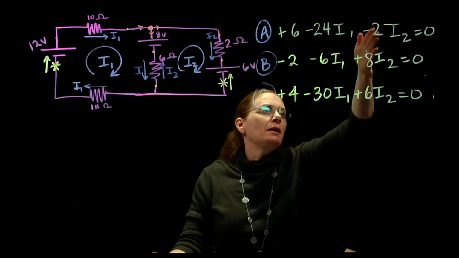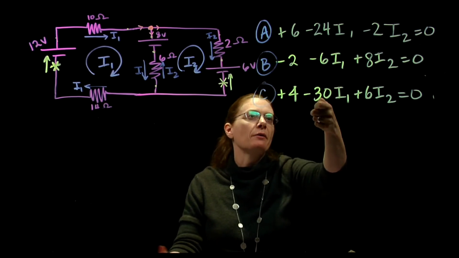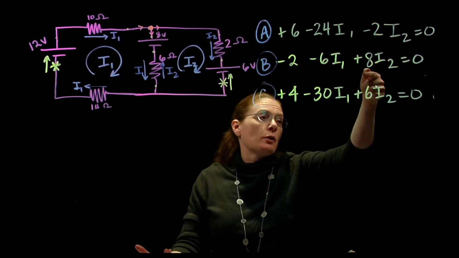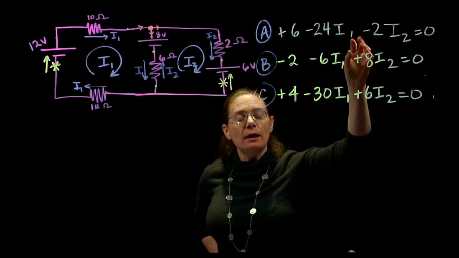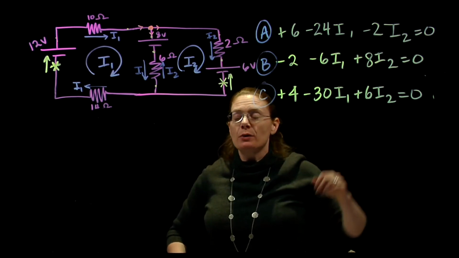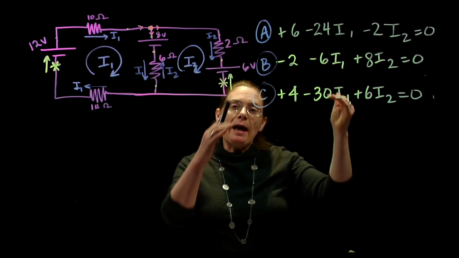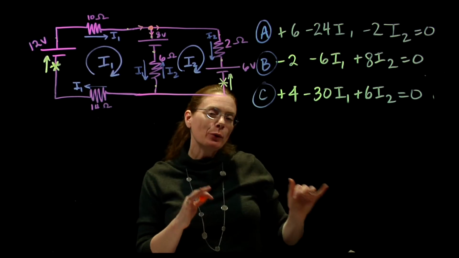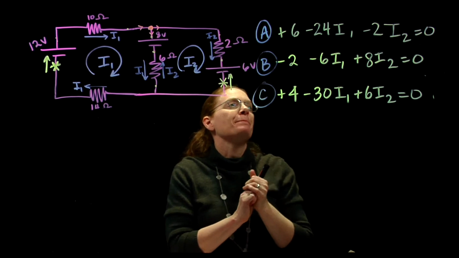There are no identical numbers here, but you might say, well, 6 goes into 24 4 times, and 2 times 4 is 8, 2 times 3 is 6. You can look for these kinds of matching numbers so that you can come up with different ways to add or subtract the equations to get rid of one of your unknowns. Let me show you what I mean.